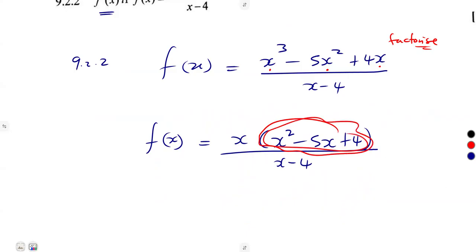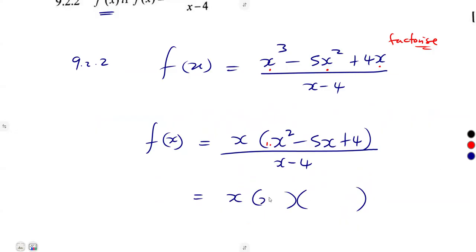Let us factorize this. The coefficient of x squared is 1, so we're just going to have two brackets, x into x. Considering the factors of 4, or the products of 4, which will give us a negative 5 when we add them, the coefficient of x there.